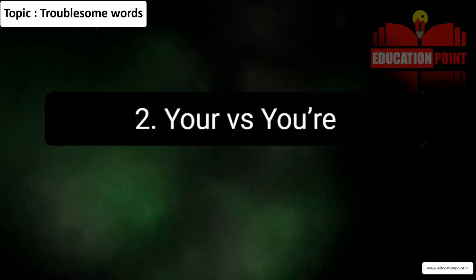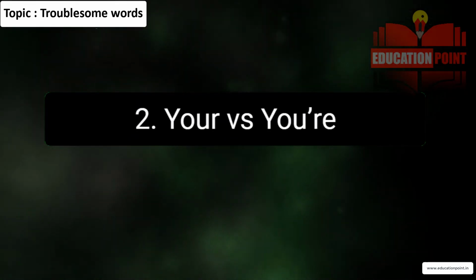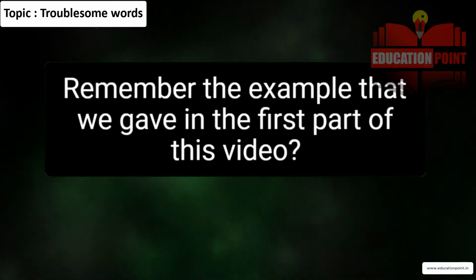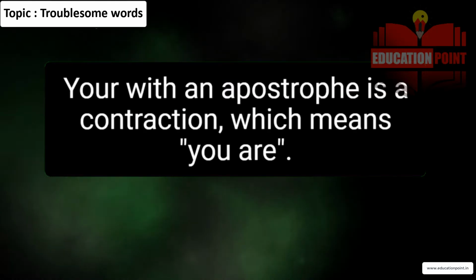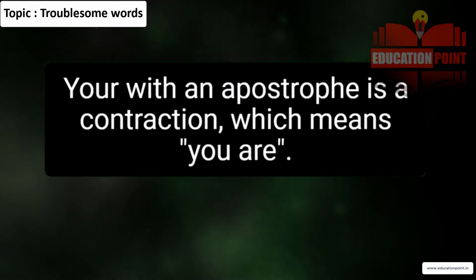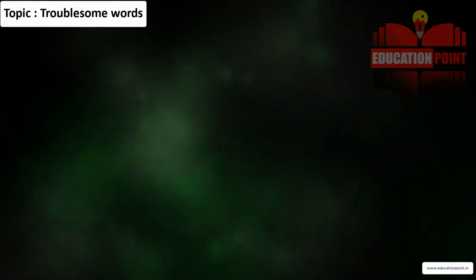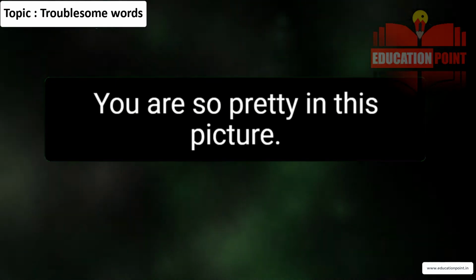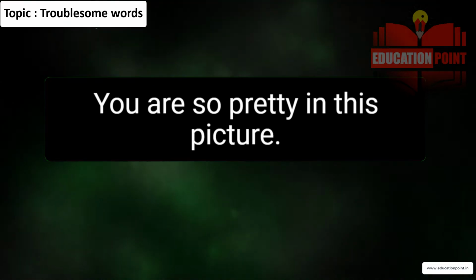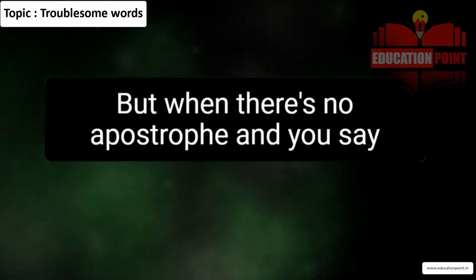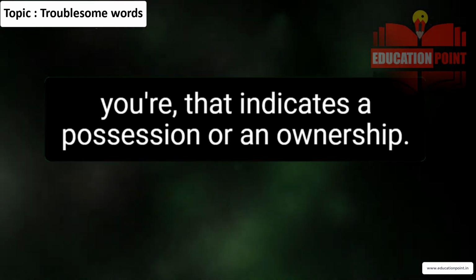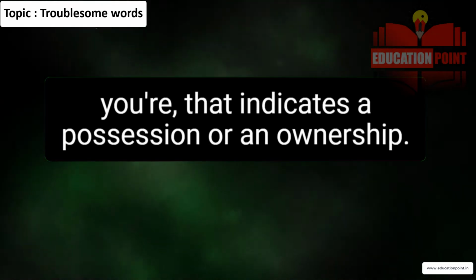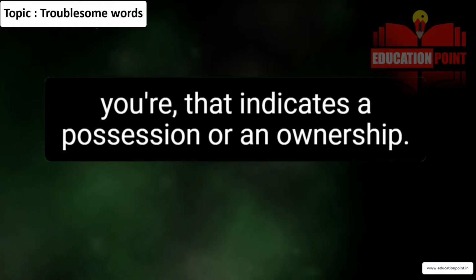The second one is you're versus your. Remember the example that we gave in the first part of this video. You're with an apostrophe is a contraction, which means "you are". Example, you're so pretty in this picture. You are so pretty in this picture. But when there's no apostrophe and you say "your", that indicates a possession or an ownership.